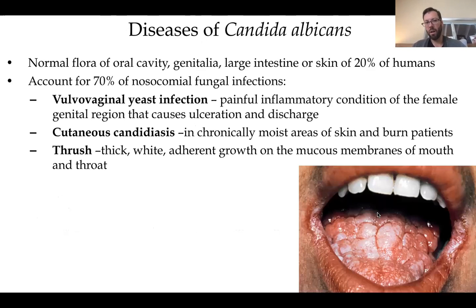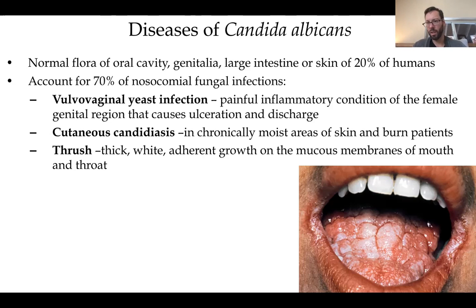It can be in all kinds of different regions. It can be in the genital tract, it can be on your skin, it can take residence in burn patients where their epithelial cells have been damaged, and it can be on the tongue. It can cause thrush.